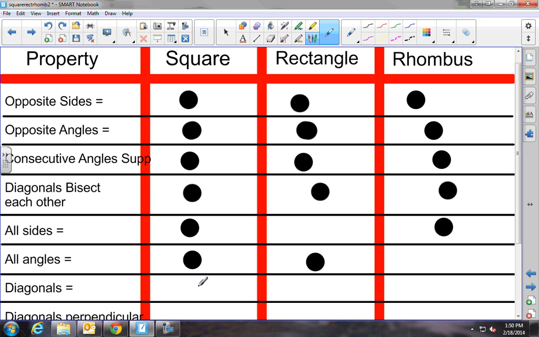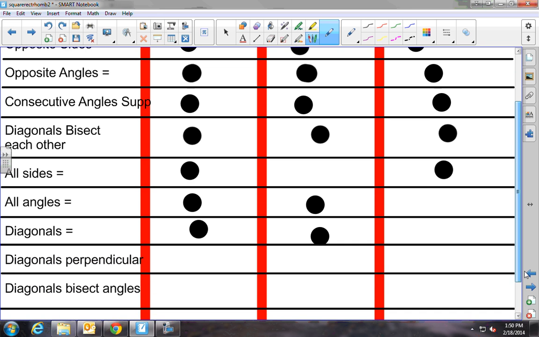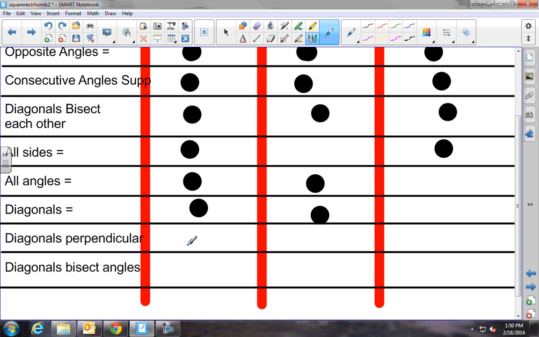The diagonals are congruent in a square and in a rectangle, but not in a rhombus. The diagonals are perpendicular in a square, not in a rectangle, but they are in a rhombus. And the diagonals bisect the angles in a square, not a rectangle, but in a rhombus.